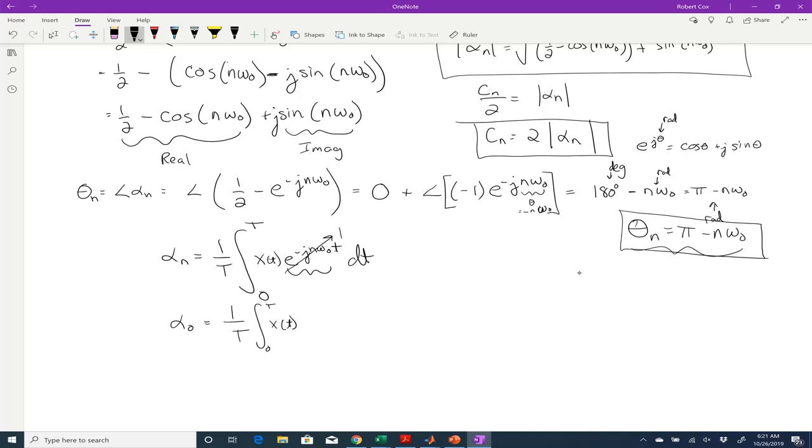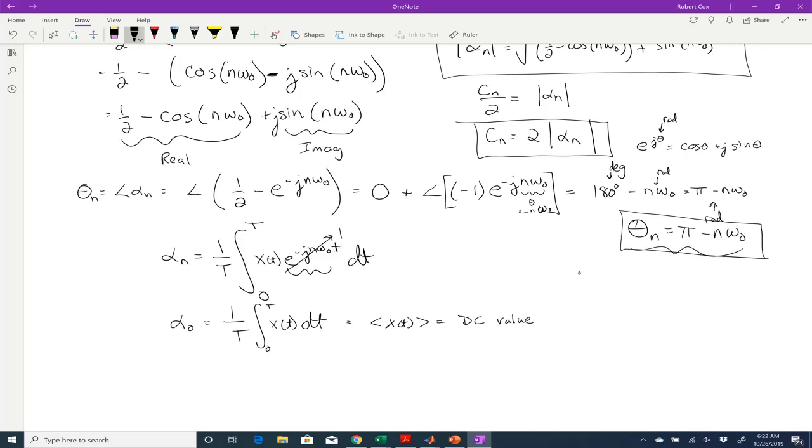Because I just have e to the 0. So that means that alpha 0 is by definition the area under the curve over a period divided by the period. This is by definition what I call the average, I write that in brackets, of x of t. Right? That's the average value, or sometimes what we call the DC value.